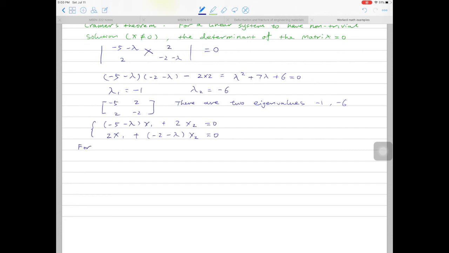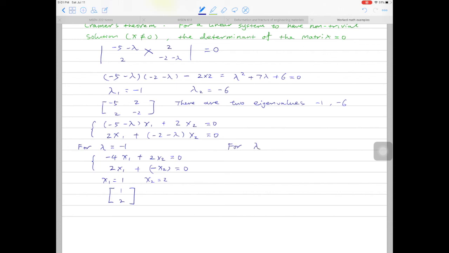In the first case, for lambda equals minus 1, we'll have this new expression. If we solve for x1 and x2, we'll have x1 equals 1 and x2 equals 2. So the eigenvector we have when the eigenvalue lambda is equal to minus 1 is 1 and 2.